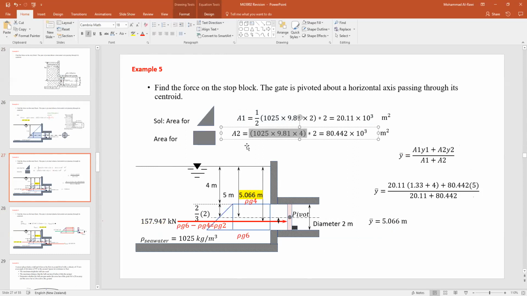So in other words, if I bring this value here, this is rho g 4. For that one it will be 2, and this one is 4.